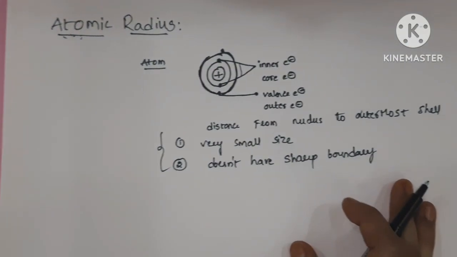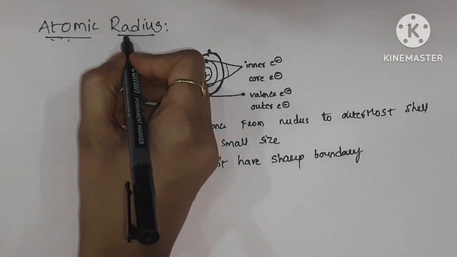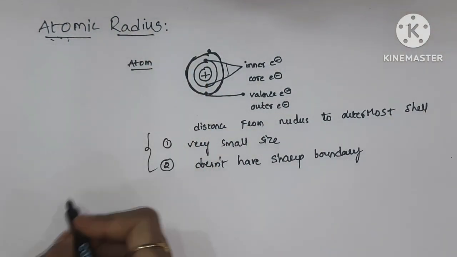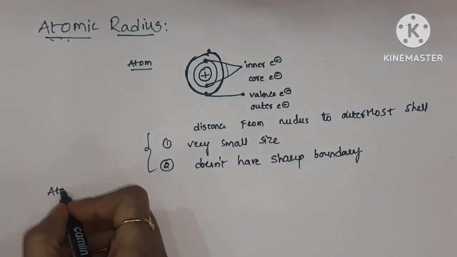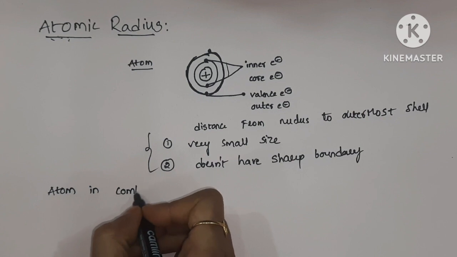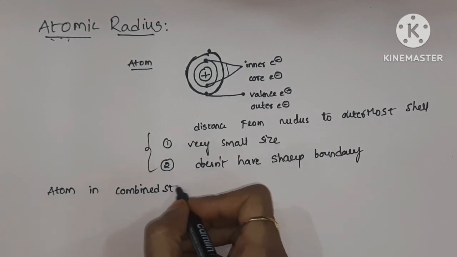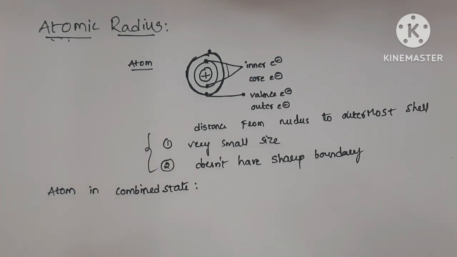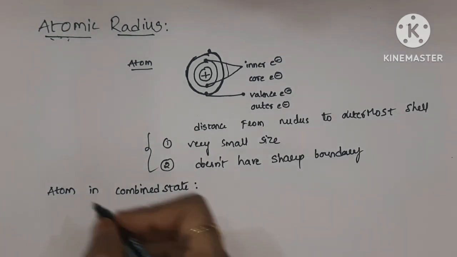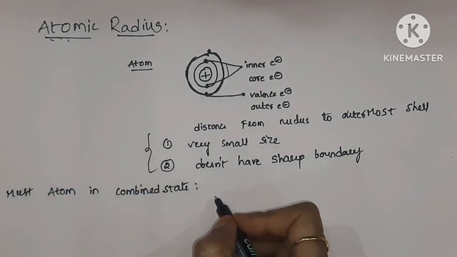However, we can find out the radius of an atom. But the atom must be in a combined state. Then only we can find out the radius of the atom. So the atom must be placed in a combined state.